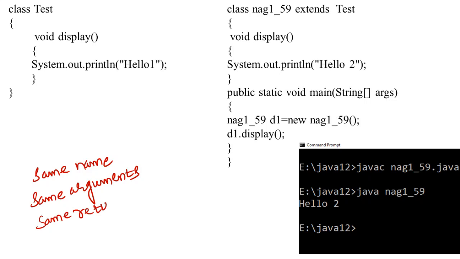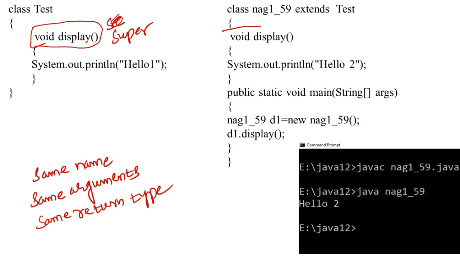This is my superclass method, and this is the subclass method. Just compare: display, that's what I am saying.